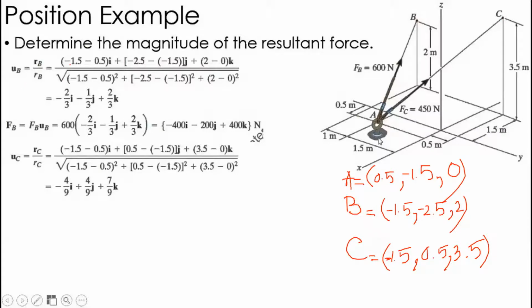So in this case, for the A and B components, minus 1.5 minus 0.5, you have to subtract. Minus 1.5, then minus 0.5, minus 2.5, then minus 1.5 is the j component.